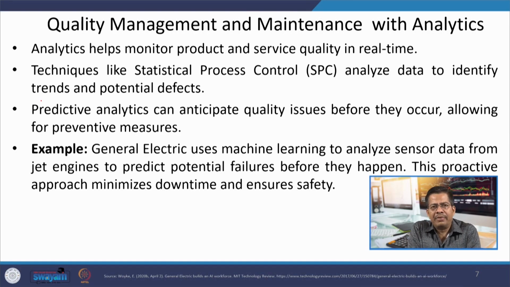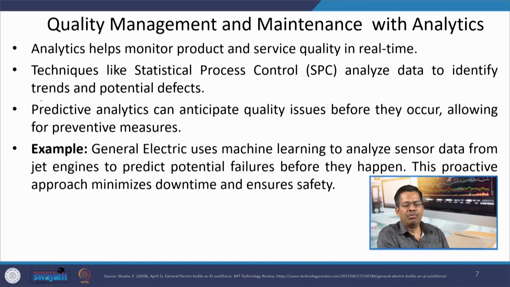In the field of quality management, you need to recall our QCD. Quality is the first expectation from the operations management. In a layman's language, more and more people understand operations management only from the quality perspective. Now, producing good quality product is what we are expecting as a quality management professional.